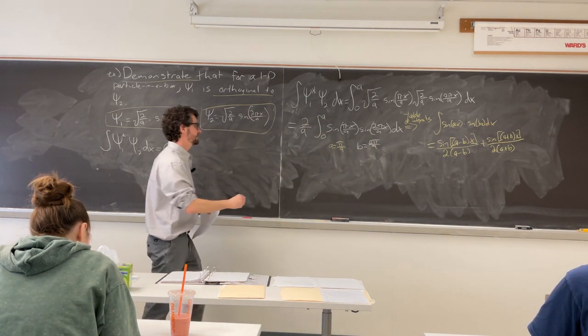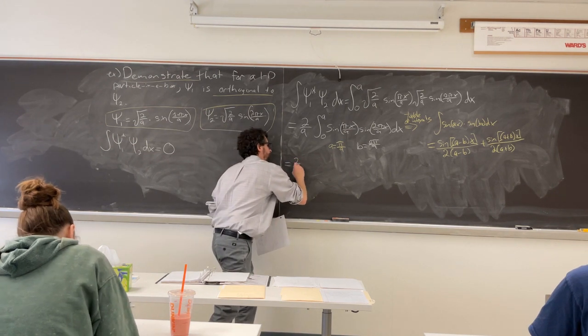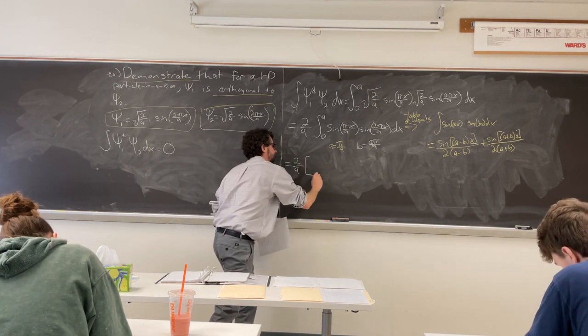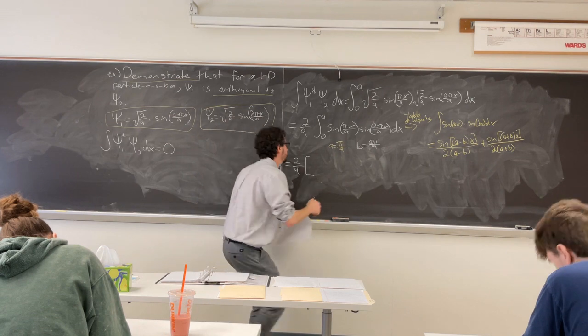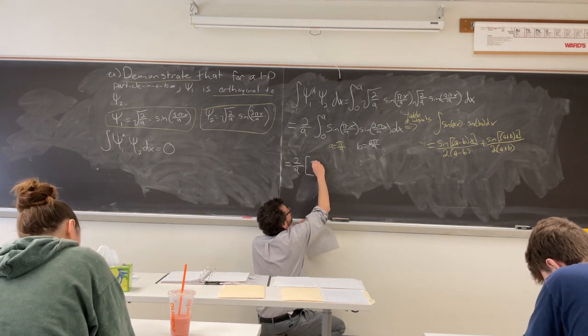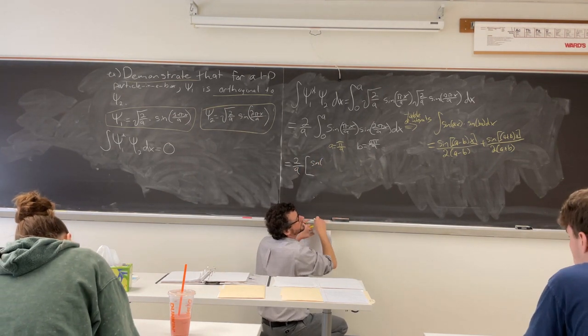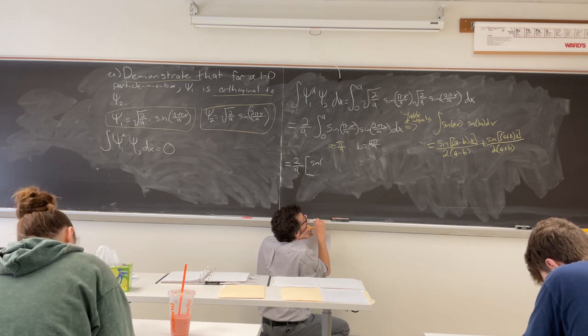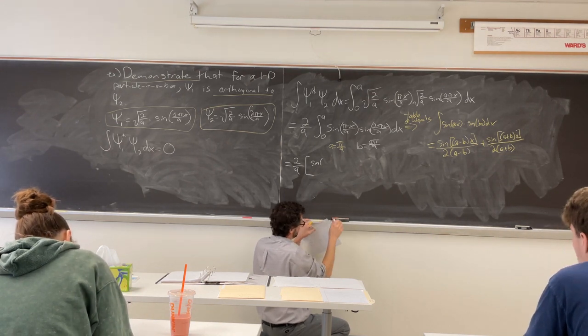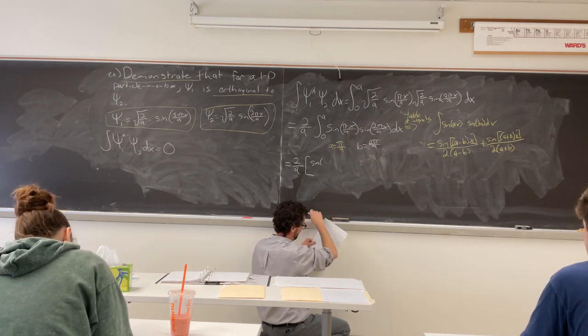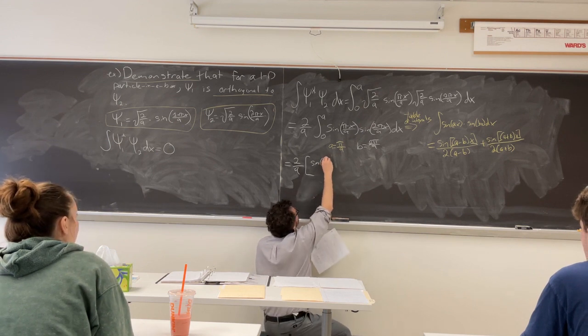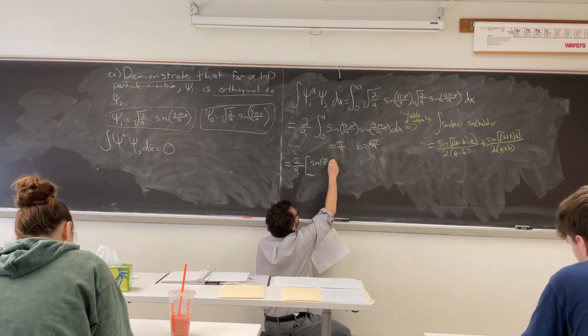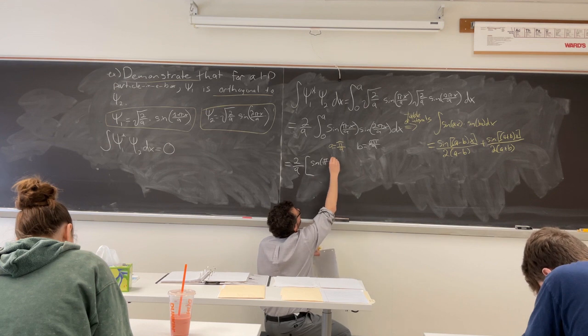Okay, so we're going to have to substitute some stuff in there. We get sine of (a minus b), pi over a minus what?